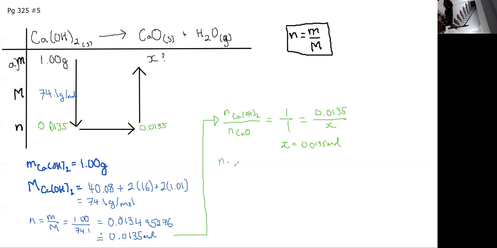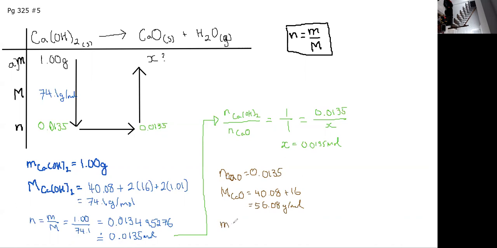Let's do the very last arrow. Just to be true to this, let's use a different color to show this is a new step. So we have the number of moles of calcium oxide is 0.0135. What is the molar mass of calcium oxide? Calcium and oxygen give me 56.08 grams per mole.